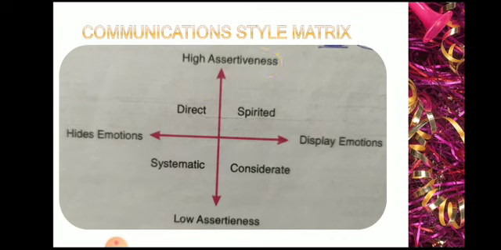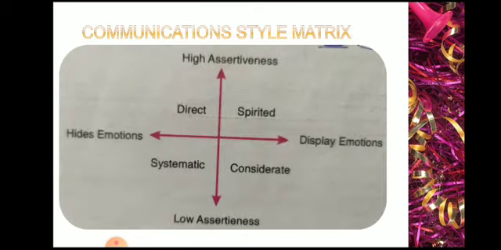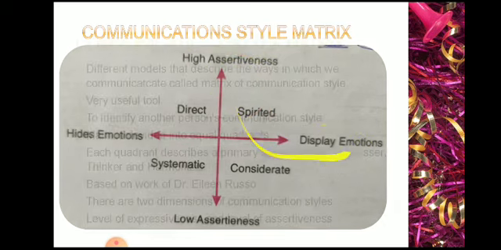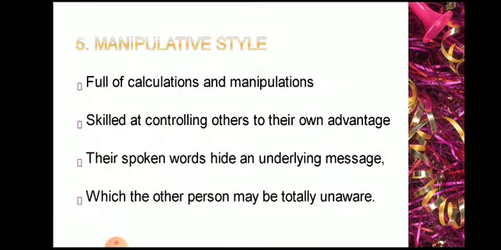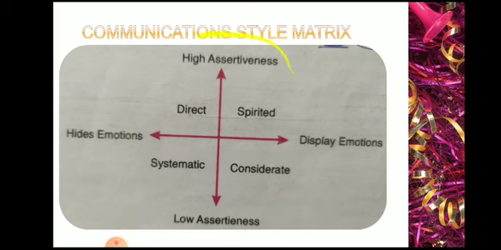Systematic communication is the combination of low assertiveness and low expressiveness. Then the third one is spirited communication. People have high confidence as well as expressing their emotions, so it is a spirited communication style, a combination of both.